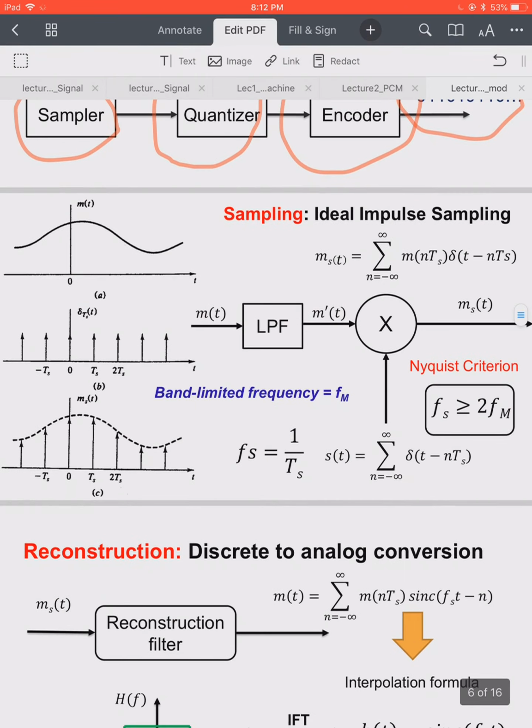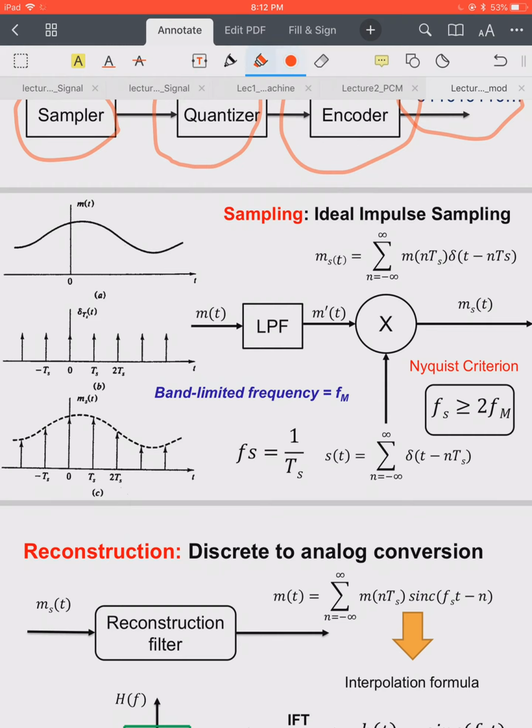So sampling. Ideal impulse sampling means the input to the system is a continuous time signal, and it will be multiplied with an impulse train, also called the Dirac comb function, using a product modulator or a multiplier.